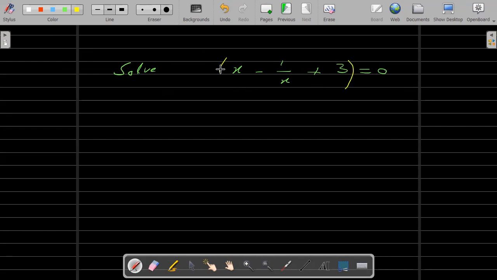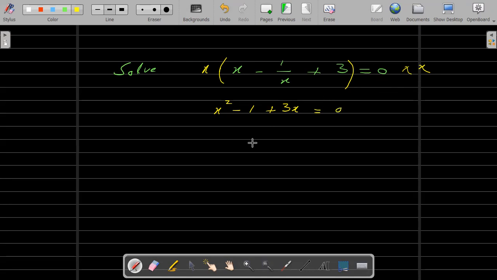So multiply the whole equation by x, because x is in the denominator. So x will be multiplied by each value in the bracket. So it will be x square, x cancels, minus 1 plus 3x equal to 0. In fact, we are multiplying this also by x. The procedure is the same thing you have to do on both sides of the equation, as you know.